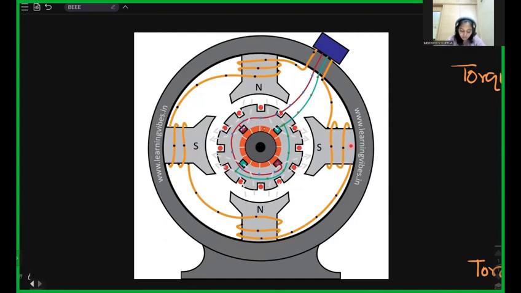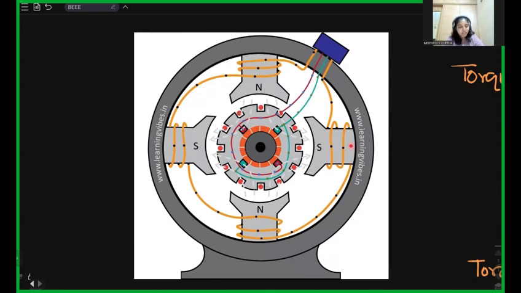And we can see that in this armature there are these red dots, which are also called conductors, and on top of it is a commutator, and these red and green ones are the brushes. So basically the conductors are arranged in such a way that they are parallel to each other, and the path between the two conductors is known as the parallel path.